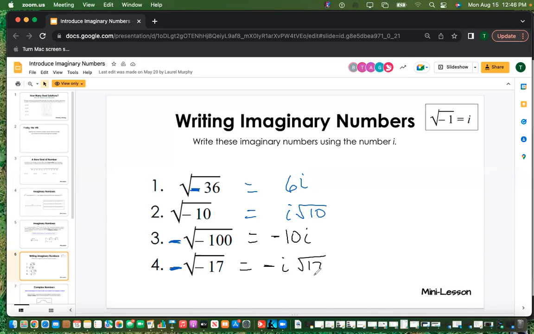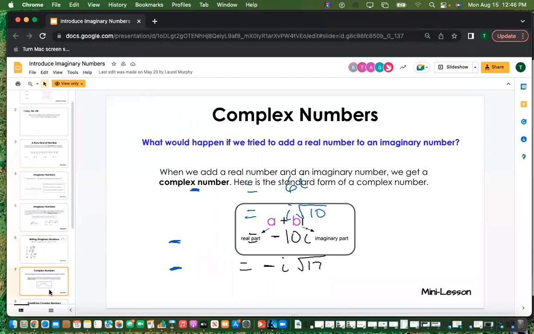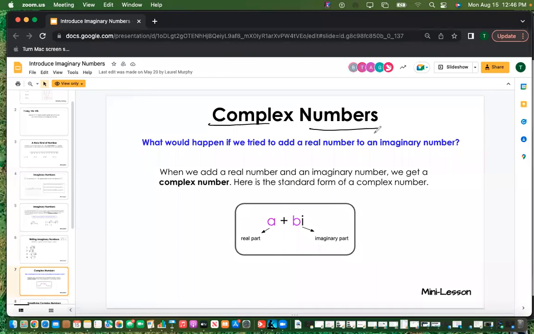Now, if we wanted to add real numbers and imaginary numbers, we're going to call that something like complex numbers. So again, if I were writing notes on my paper, I would say complex numbers, and I would say this box right here: the real part is this a term, and the imaginary part is going to have that i.